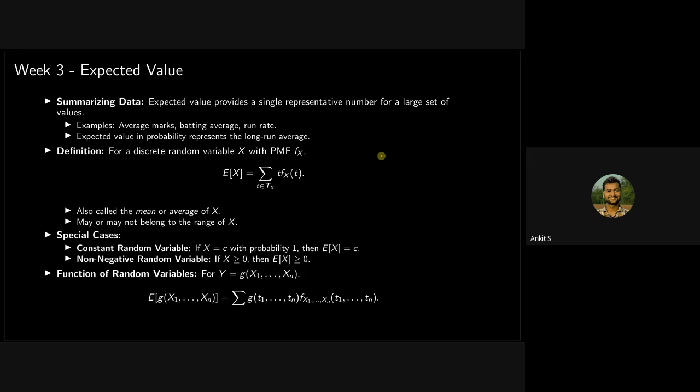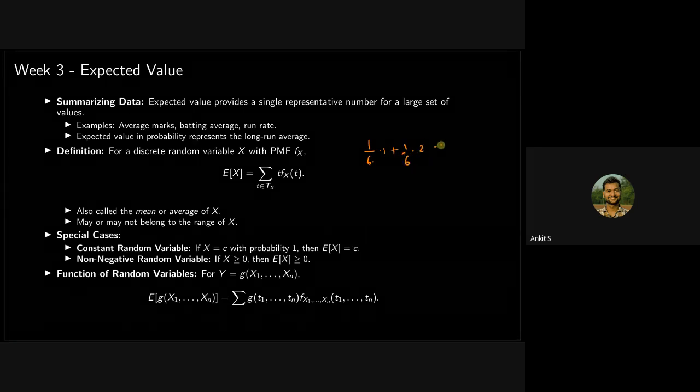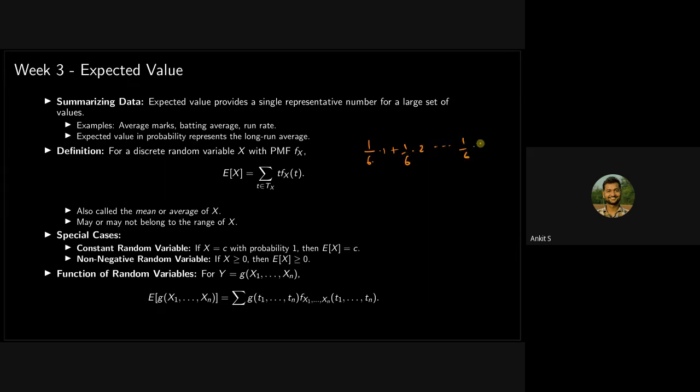All of them have the same probability. So it's like 1 by 6 times 1 plus 1 by 6 times 2. So basically you are doing this. Dividing by 6 means you are multiplying. So if you extend from here, it means that if you have a random variable which takes different values with different probabilities, then you need to take this case in a different way.